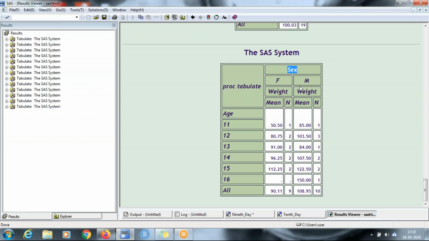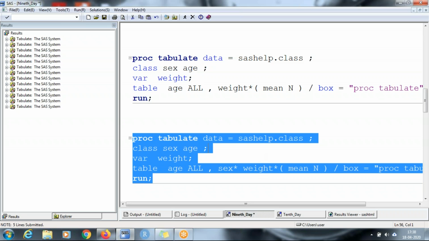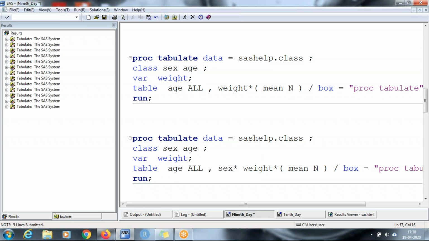So it has separated your data by male, female. Now on this male, female, you are using the weight variable for calculating mean and the count. And here are the ages. So I'll give you some time to practice this one.